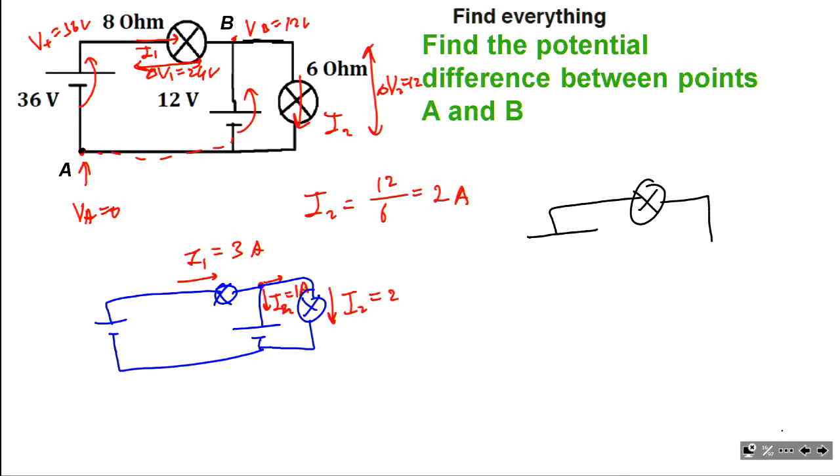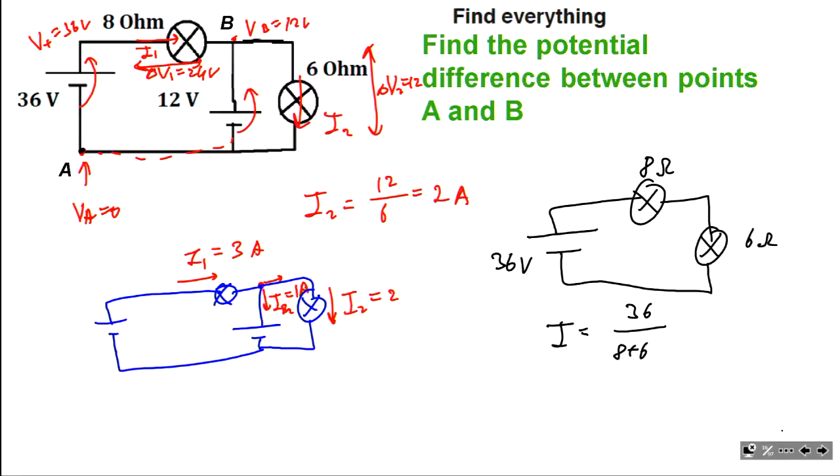Okay, let's see what's going to happen if there is no battery number 2 at all. That's going to be a new circuit, and in this new circuit, this is 36 volts and 8 ohms, 6 ohms. So now electric current will be equal to 36 over 8 plus 6. 36 divided by 14, 2.57.